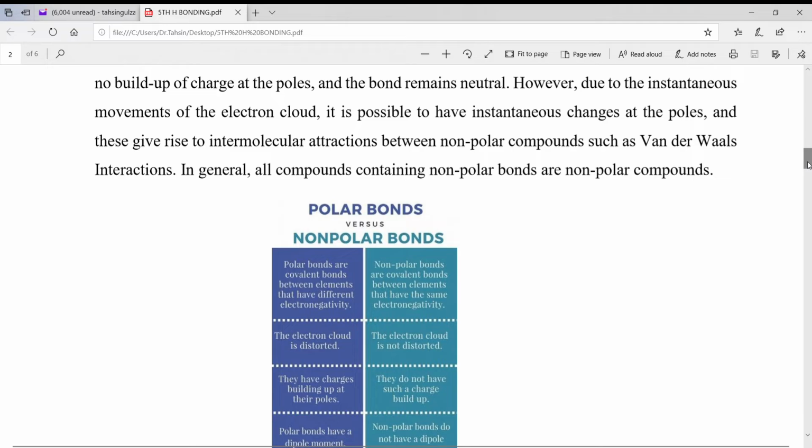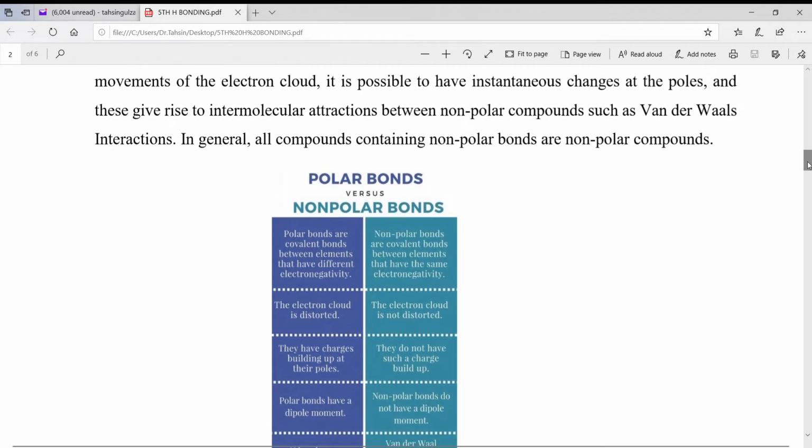One element has a partially negative character, and the other, in contrast, has some partially positive character. But in non-polar, there is no question of distortion in that bond, because both elements are of the same extent electronegative.